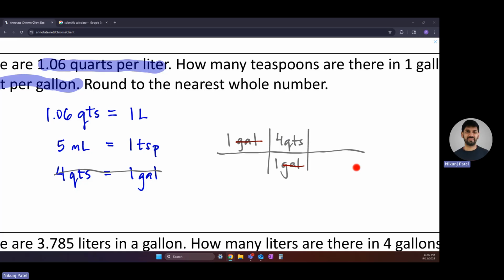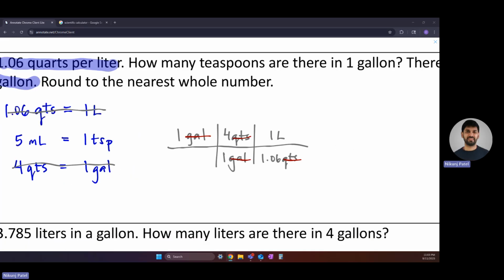If quarts is up here, we need to put quarts down here. We see another quart value here. And we see this time 1.06 quarts, and right above it we'll put 1 liter. So there's that conversion factor that we just used, and we can now cross off quarts and quarts. Don't cross out the number, just the unit. We'll need the numbers later on when we multiply.